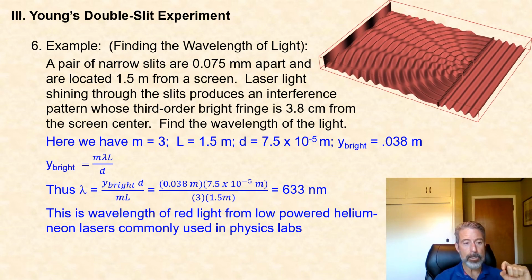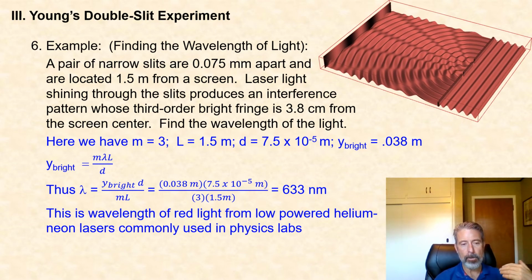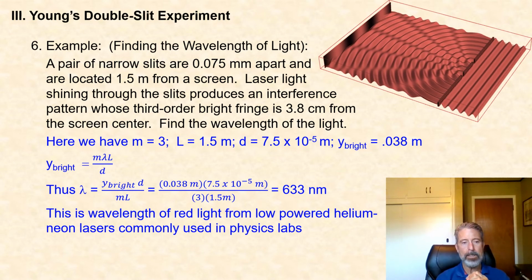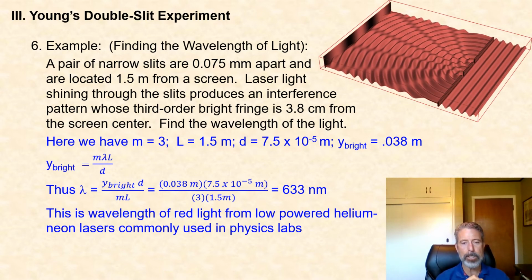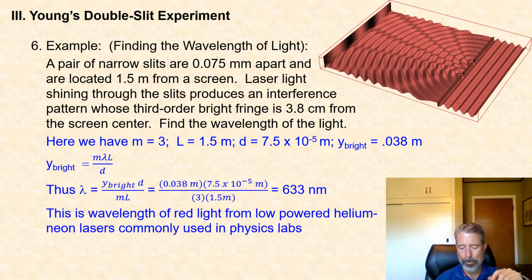So this relationship tells us the distances of the bright fringes from the screen center, and here we want to solve this for wavelength, so we'll solve it for lambda and then plug in our values: the 0.038 meters for y bright, the value for d, the slit spacing, m, our order number, is 3, and the screen distance of 1.5 meters. And when we do that, we come up with the number 633 nanometers.